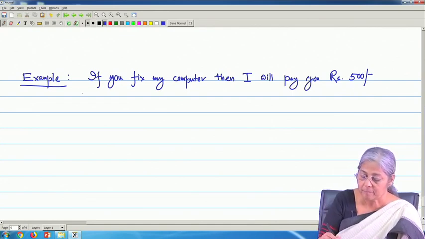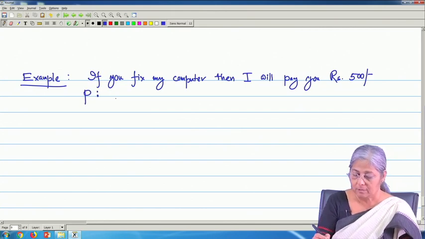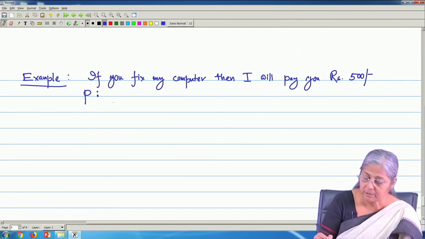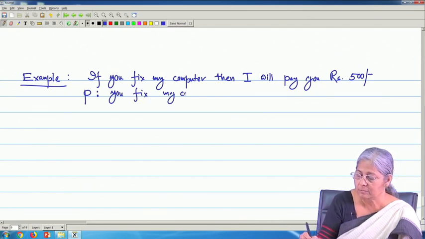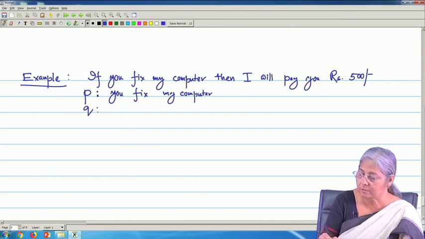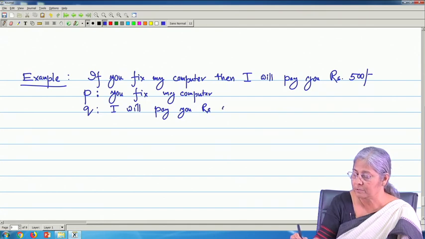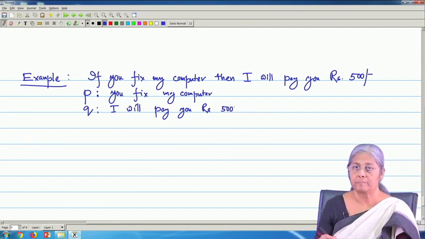Say P is you fix my computer, and Q is I will pay you rupees 500.